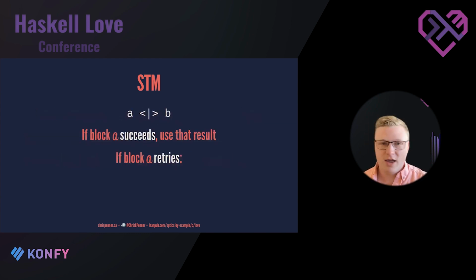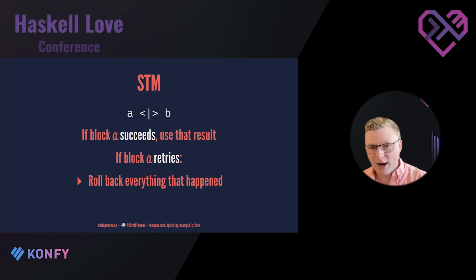So when we have this kind of A or else B for STM, each of these are computational blocks, right? They're going to be fully defined executions. It's not just a simple value usually. So in this case, if transaction A succeeds, well, we'll just use that result. That's great, awesome, move on with our lives. However, if A retries for whatever reason, it cancels that transaction, or it realizes the state isn't quite how it wanted it to be, what will happen is it will then roll back everything that happened.